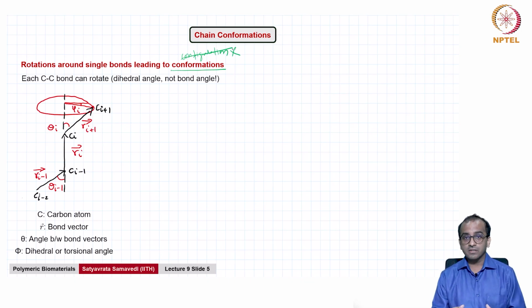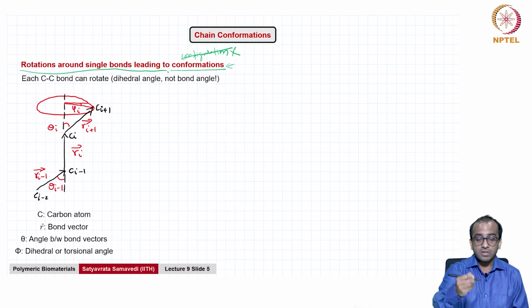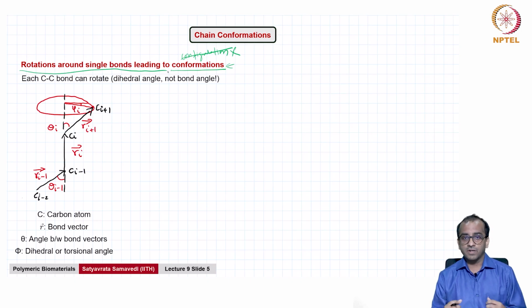It is fixed during synthesis, and the only way to change configuration of a polymer molecule is to break primary bonds and reform them, which is not easy at all. So, do not confuse that with conformations here, where it is relatively easy to change conformations of these kinds of systems based on rotations around carbon-carbon single bonds, for example, as we saw in the case of polyethylene here.